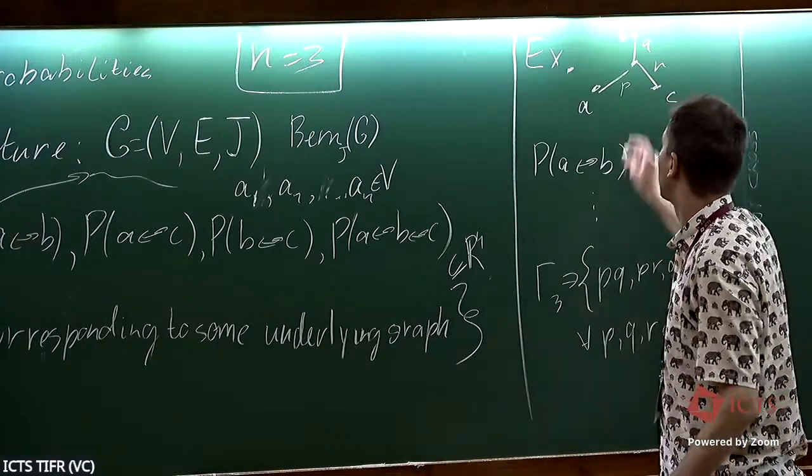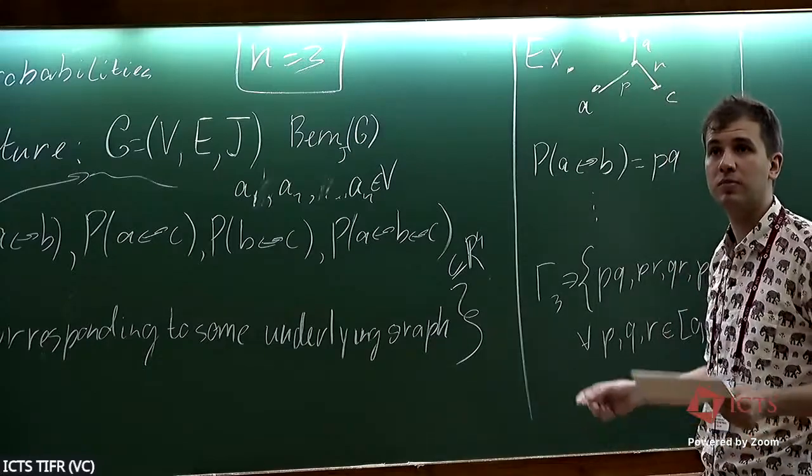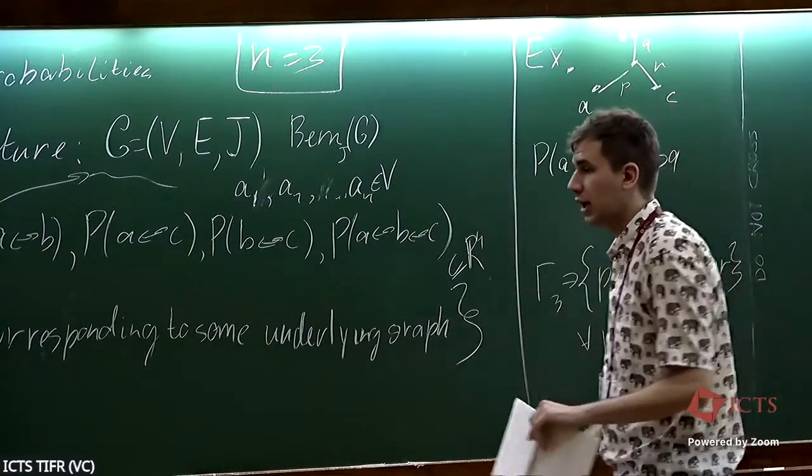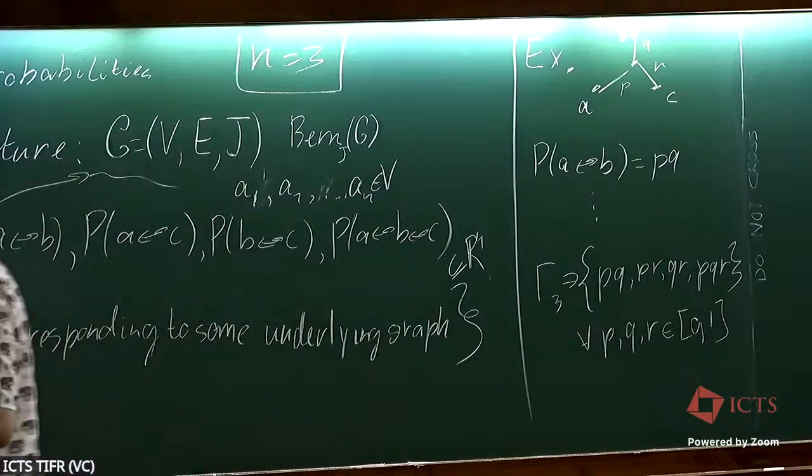We can also build a triangle with probabilities p, q, r, and we get another hypersurface in R4. And if you build these hypersurfaces, you see that they are very close to each other. So if we take the unit cube in 4 dimensions and we look at what is the percentage of volume between these two, we see that it's around 2% of the whole volume of the hypercube. And actually, it's a property which is true for any graphs.